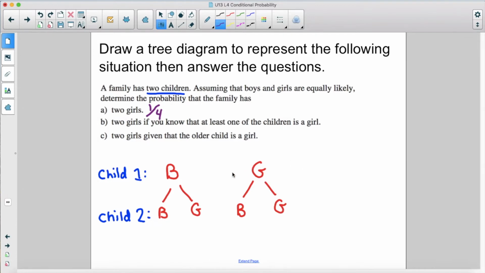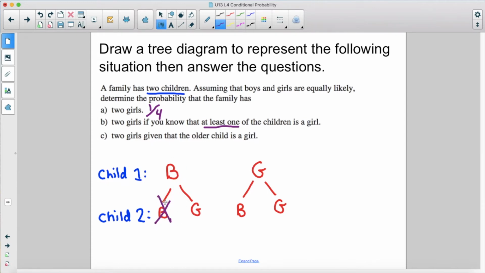So let's look at part B. What is the probability that the family has 2 girls if you know at least one of the children is a girl? So now, in this case, we are not looking at the option of 2 boys. I'm sorry, that looks a little confusing. We are not looking at the option if there are 2 boys.